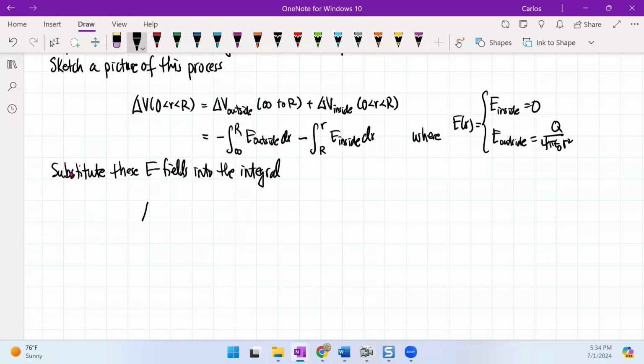So I'm going to say delta V of r less than big R is then going to be, we've already calculated the outside.